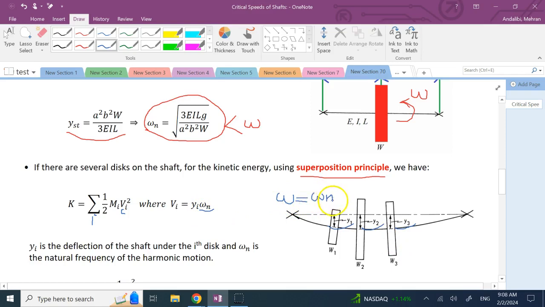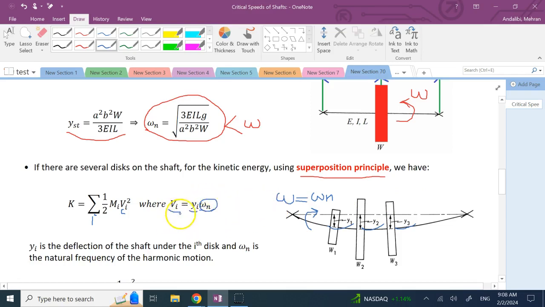Or if you want, you can say that the system does not operate at omega n, right? But it is in simple harmonic motion. And in harmonic motion, as you know, the magnitude of V is equal to the magnitude of Y times omega n.